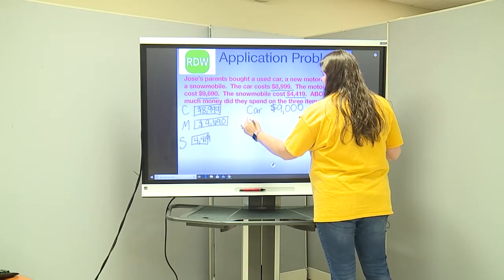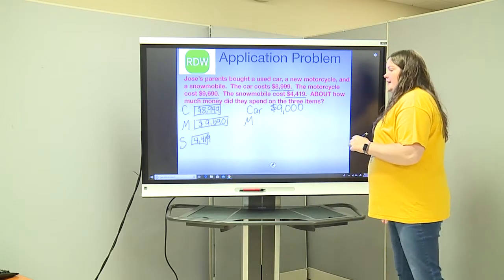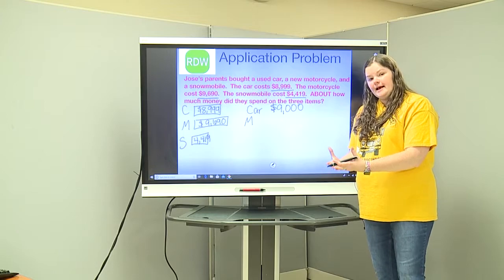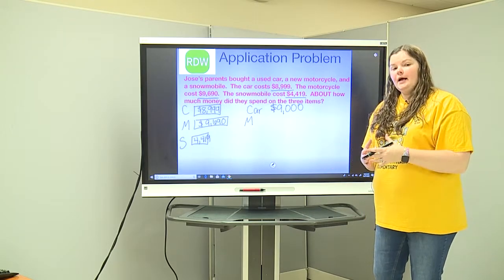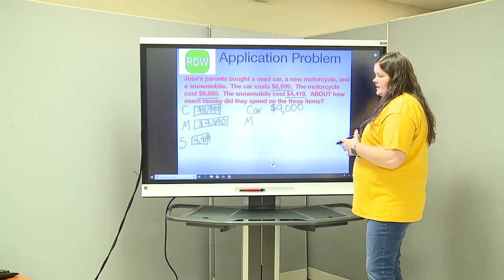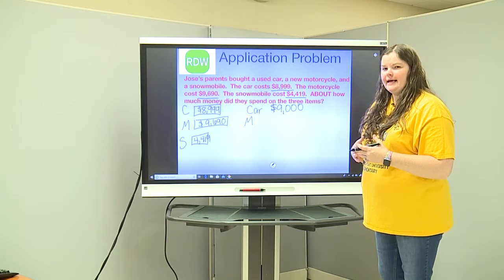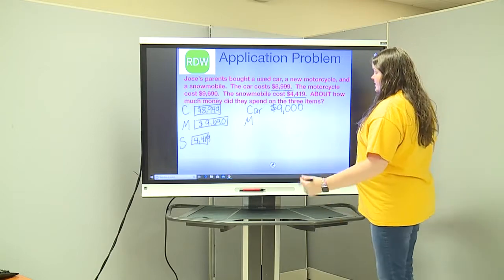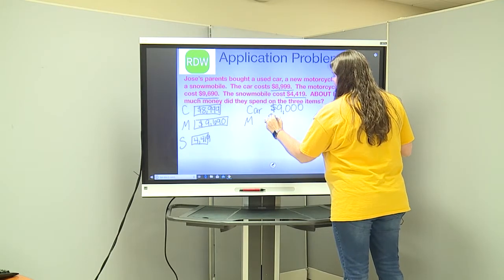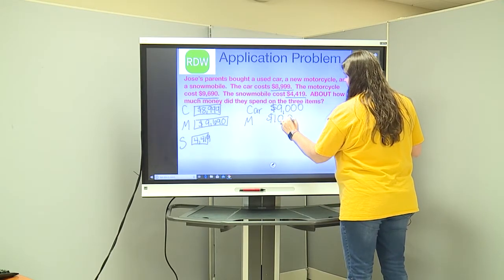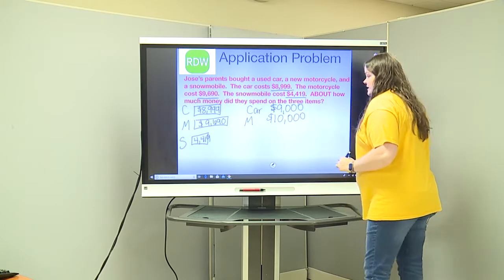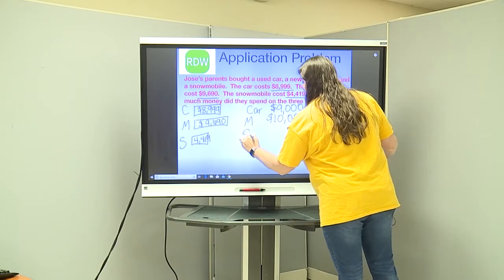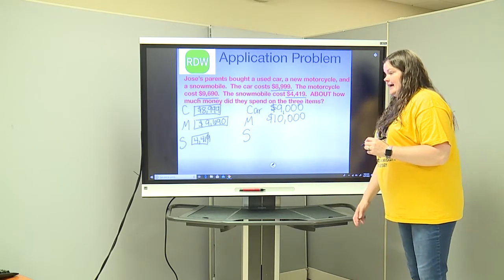The motorcycle, just put an M here, is $9,690. So that means it's either going to round down to $9,000 or it's going to go up to $10,000. Now that 690 lets me know that it would be above my midpoint, so it's going to be about $10,000. It's closer to $10,000. And then my snowmobile, again I'll just put an S here, is $4,419.